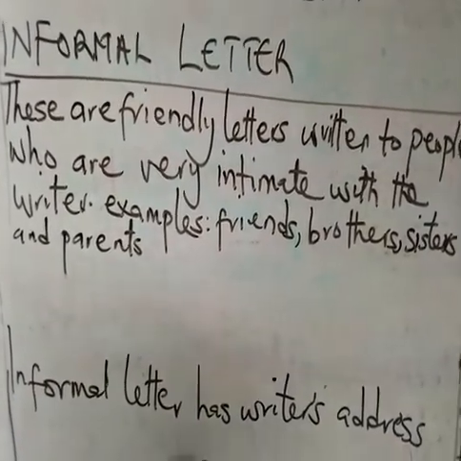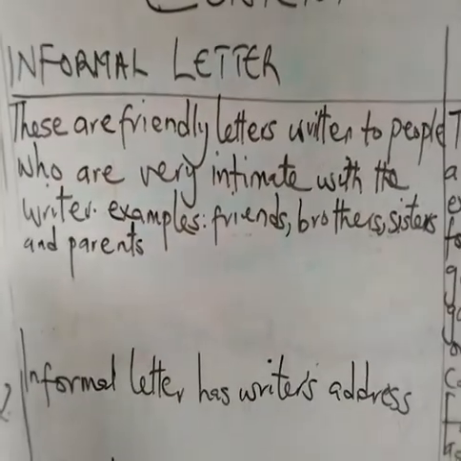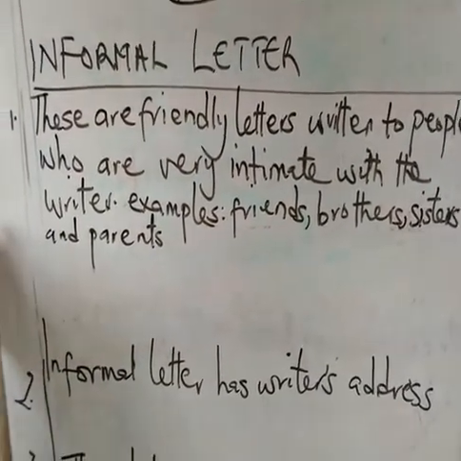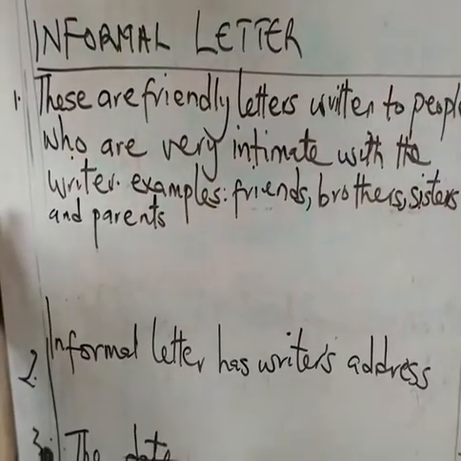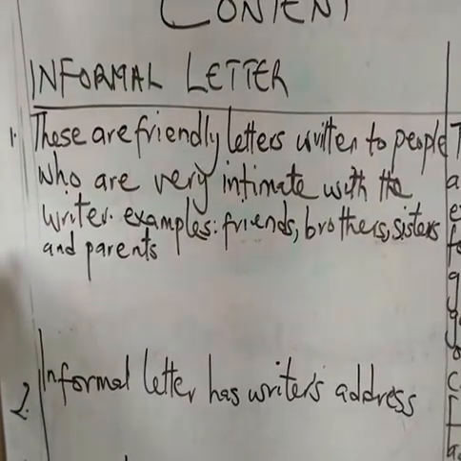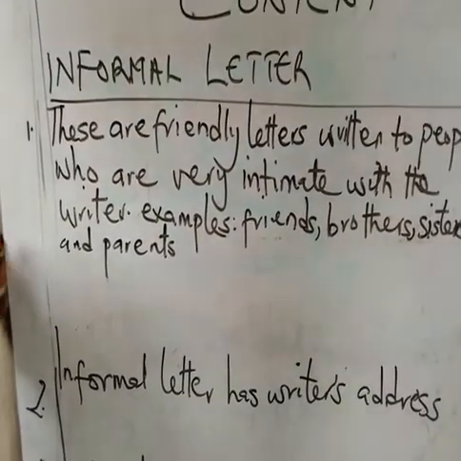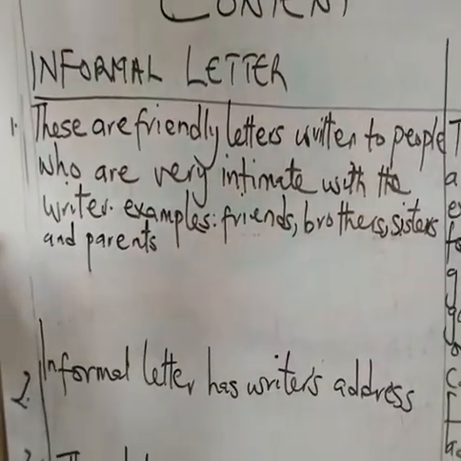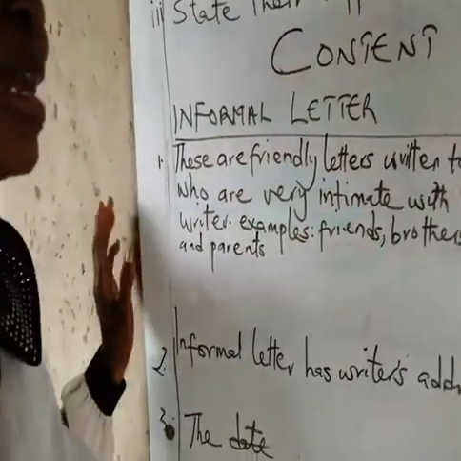The second one, informal letter has writer's address. What do you mean by writer's address? Writer's address is your own address, and it comes at the right hand side of your writing paper on top, and it must be well punctuated. If you want to choose slanting form, choose slanting form.